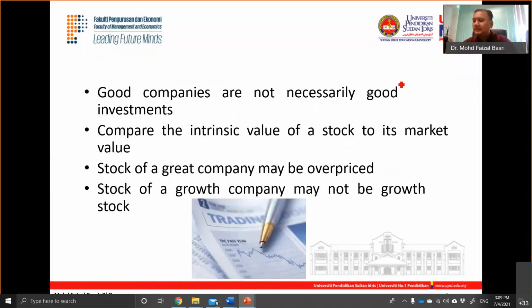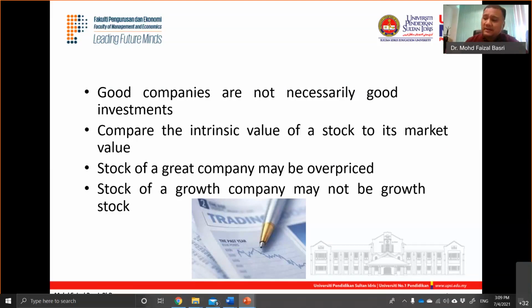Some good companies are not necessarily a good investment, meaning you do not invest in popular companies or companies with, for example, high net profits.